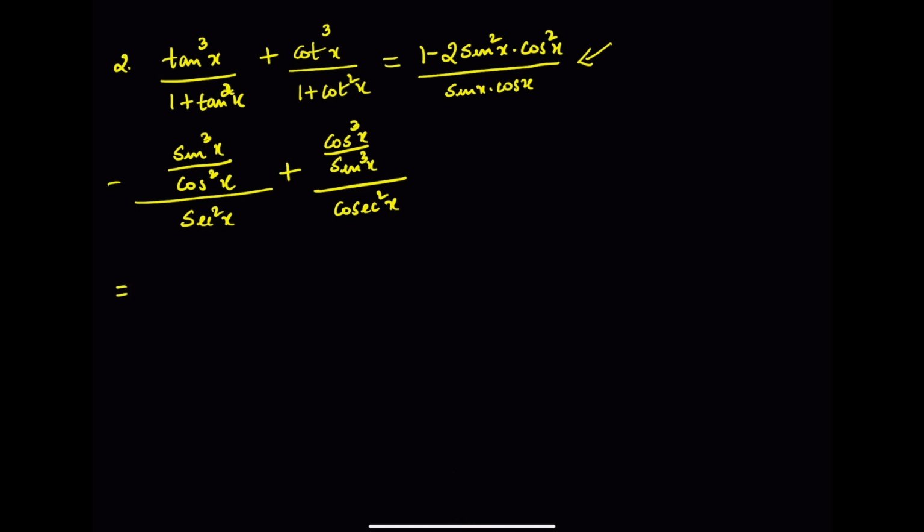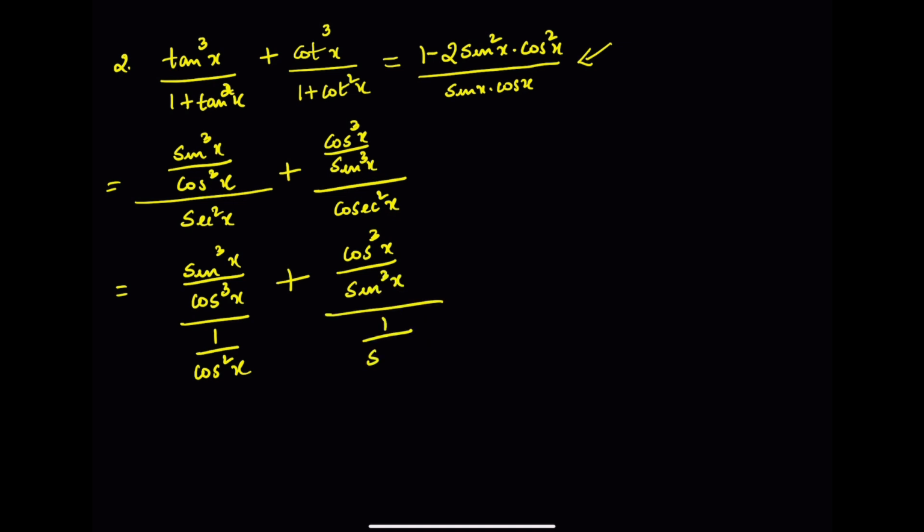So this will be sin³x/cos³x divided by 1/cos²x, plus cos³x/sin³x divided by 1/sin²x. So the square and the cube get cancelled, not completely, we retain one of the cos values, and here it's the same way. The denominator will be sin.